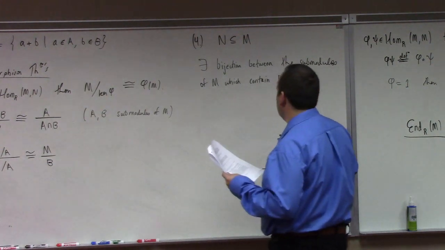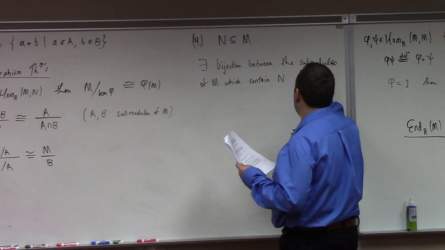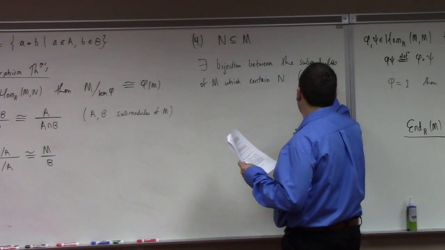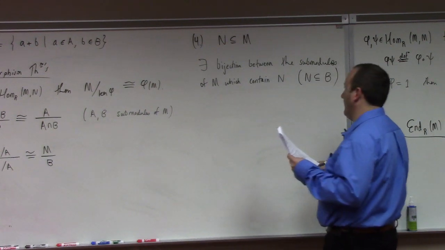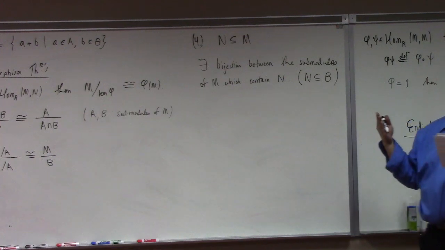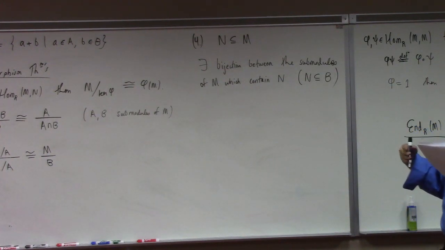All right, what would that be? Something like, N is a subset of B, right? It contains N, and B is an R module.